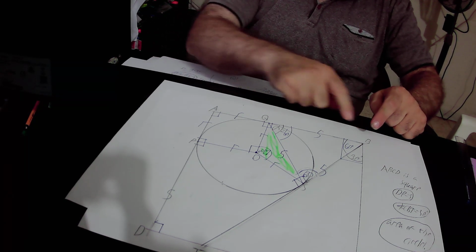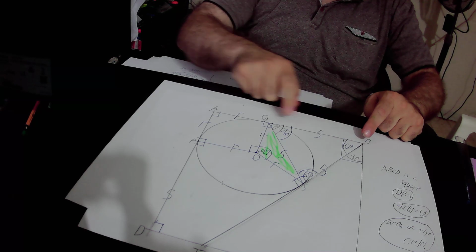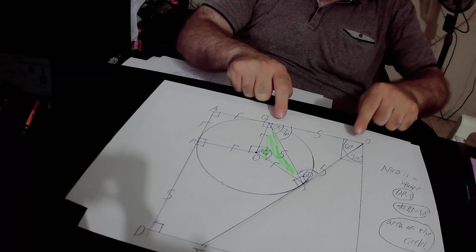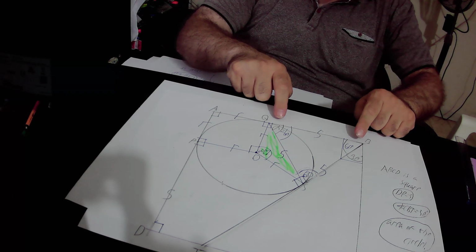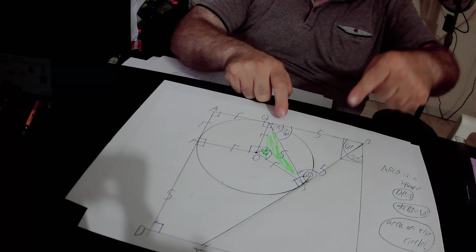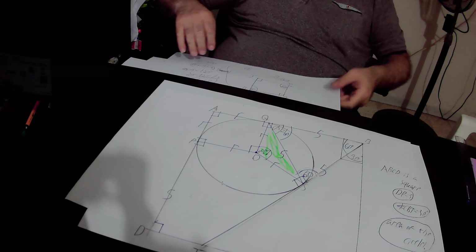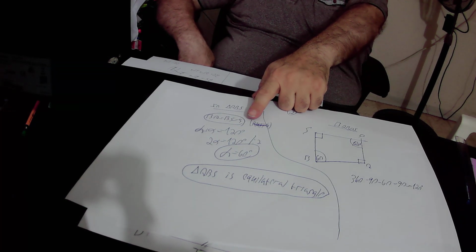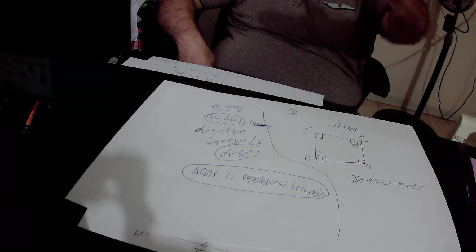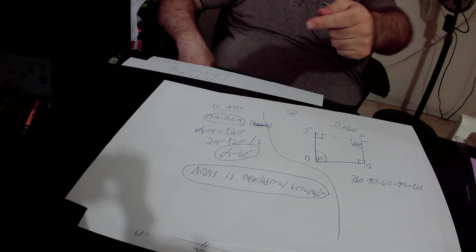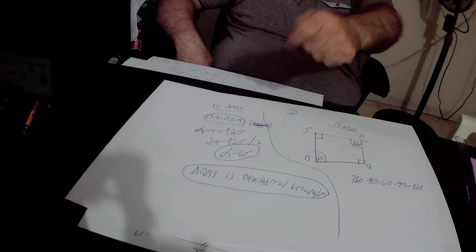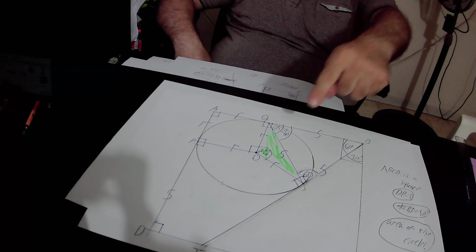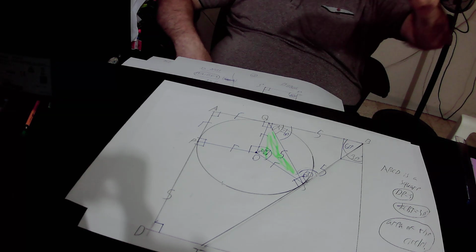In triangle QBS, this angle equals 60 degrees, therefore the remaining two angles must total 180 degrees minus 60 degrees, that is 120 degrees. Alpha plus alpha is 2 alpha, equal to 120 degrees. We divided by 2, and we got alpha equals 60 degrees. So this angle equals 60 degrees, and this angle also equals 60 degrees.